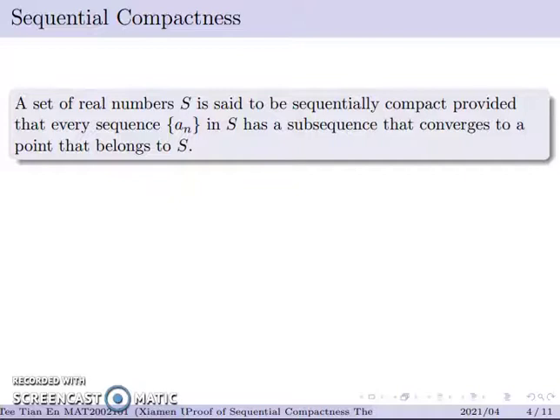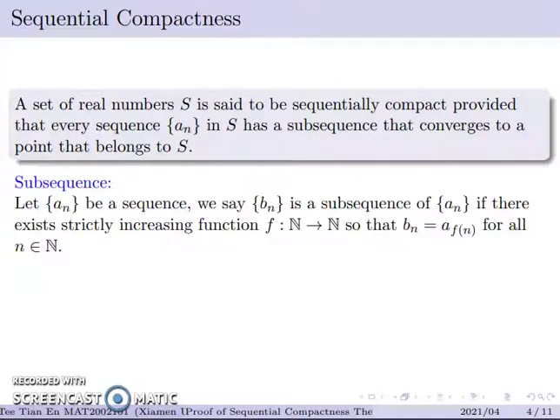So what is a subsequence? A sequence is a subsequence if there exists a strictly increasing function f so that p_n equals a_{f(n)} for all n in the natural numbers.